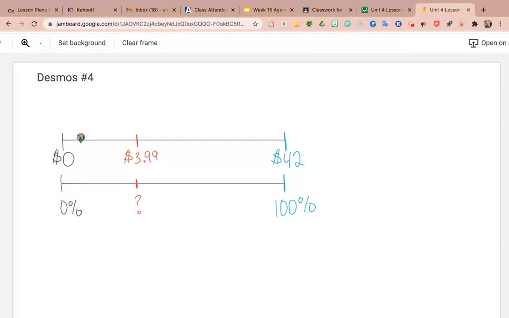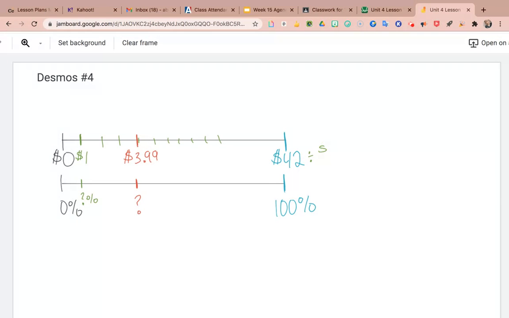So I'm going to try to find $1, and I'm trying to figure out what percent is that $1. Well, if I was to cut this up, I'd have $1, $2, $3, $4. How many of these $1 would I need to make 42? Well, I would need 42 of them.